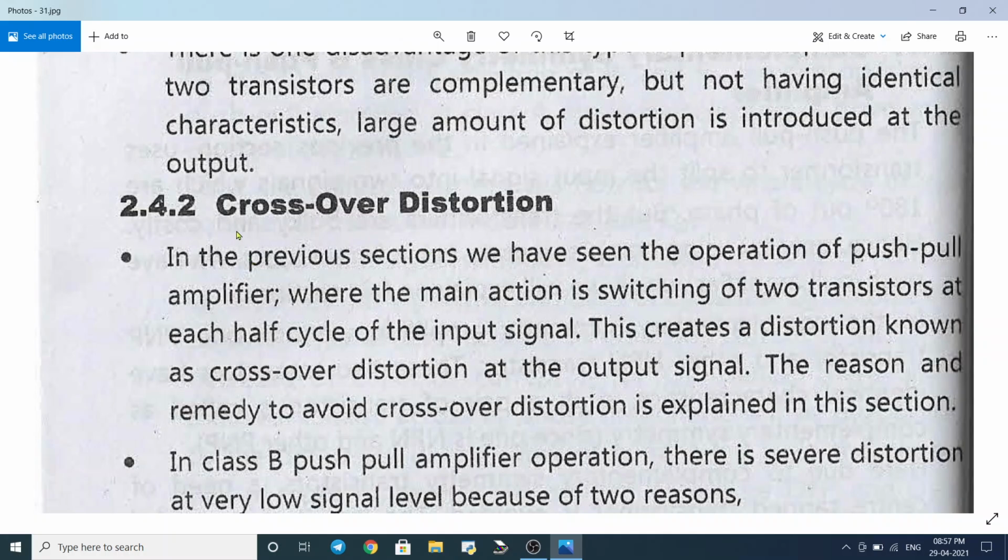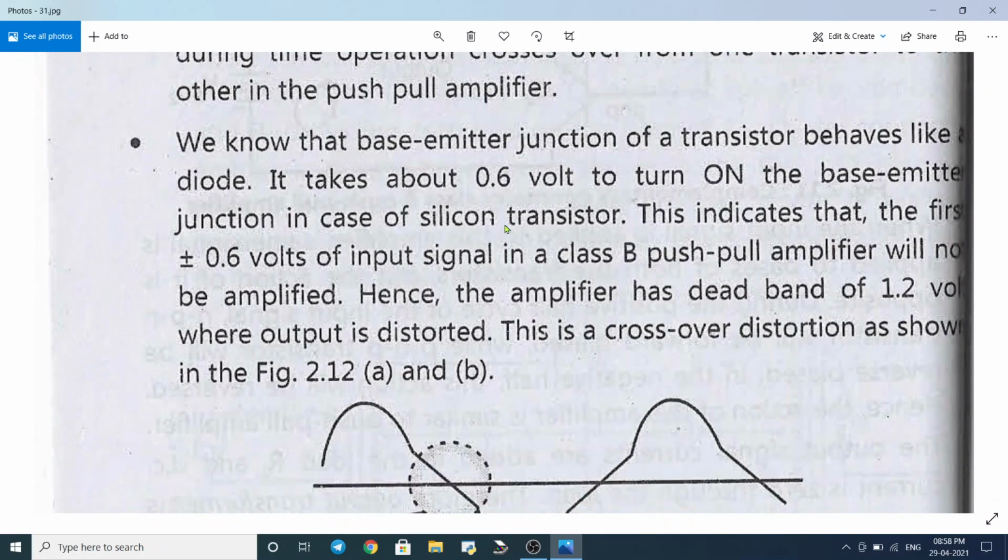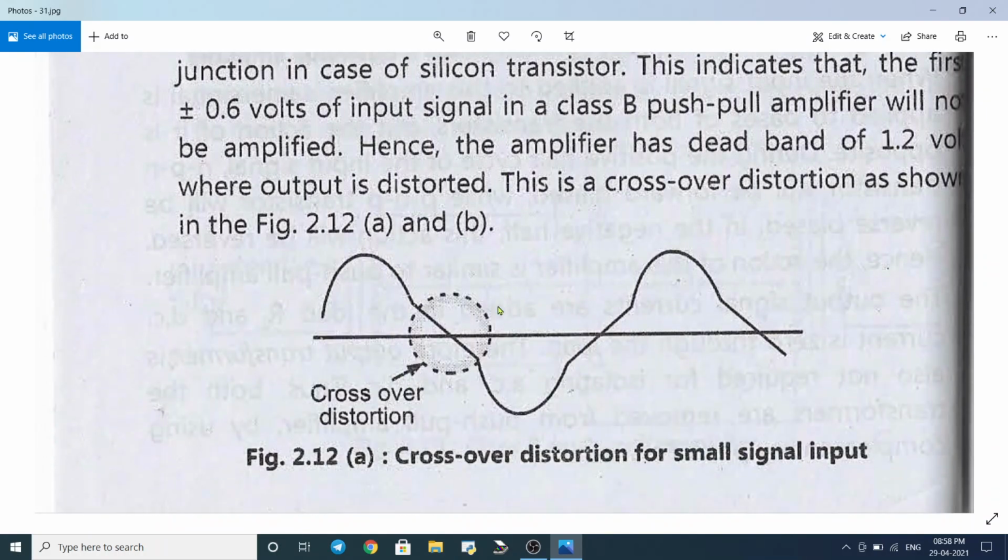So in this lecture we have seen the point crossover distortion, the distortion that occurs in class B push-pull amplifier, and it is large for a small signal input as compared to the large signal input.